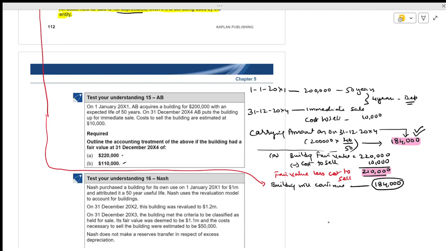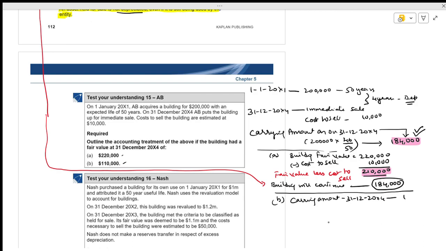What is point number B? How much is the carrying amount as on 31st December 2004?